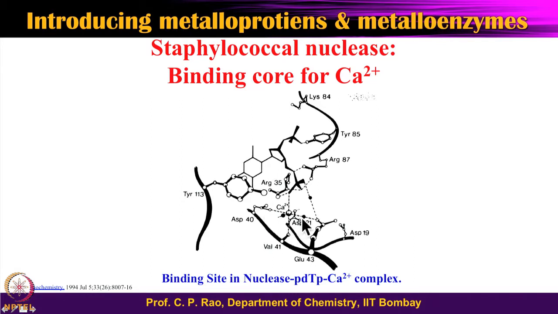These are all coming from the protein, and then what does it do? It hydrolyzes the sugar bond connected with the ribose. So, it will separate the ribose from this one. So, that is the nuclease activity of this. So, this is the main binding core for the calcium, as you can see, where the substrate is also of course bound. So, this is the binding site of the nuclease calcium complex.